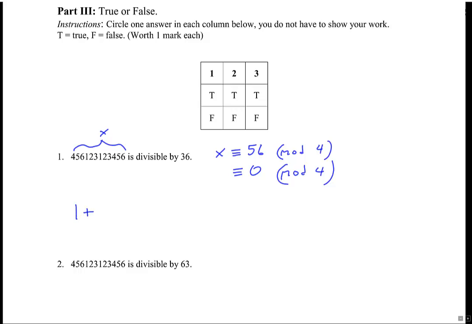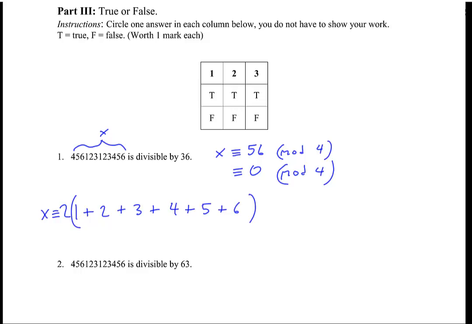So 1 plus 2 plus 3 plus 4 plus 5 plus 6. Notice that those exact same digits are jumbled up at the beginning of our number x here of 1, 2, 3, 4, 5, 6. So x is congruent to twice as much as that number that we've just written down.